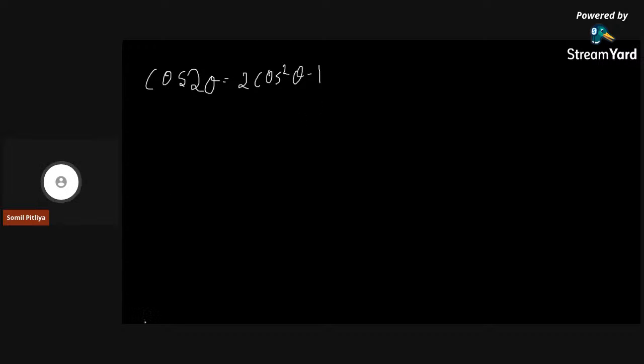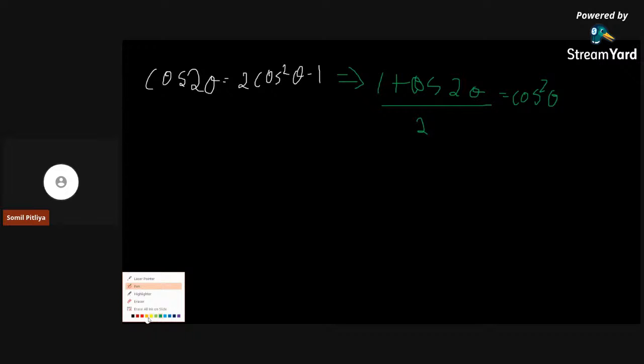So from here I can write cos square theta very easily as 1 plus cos 2 theta upon 2. Now I am getting rid of that square term, and I have converted this into a linear term, that is cos 2 theta.